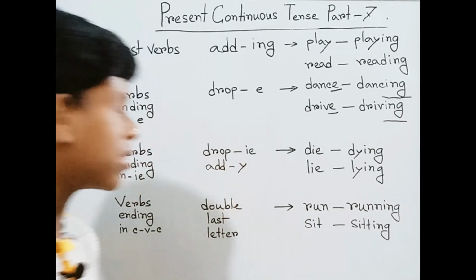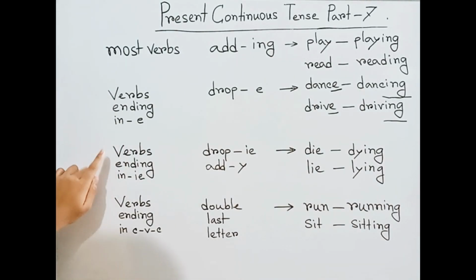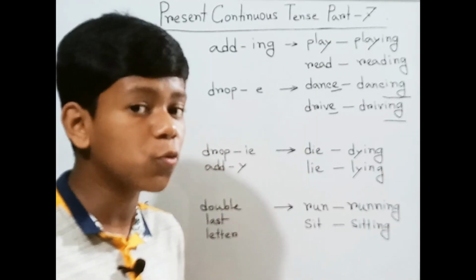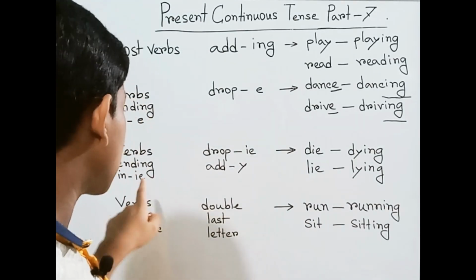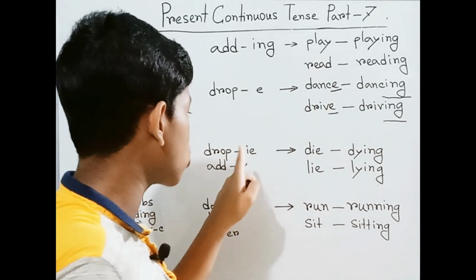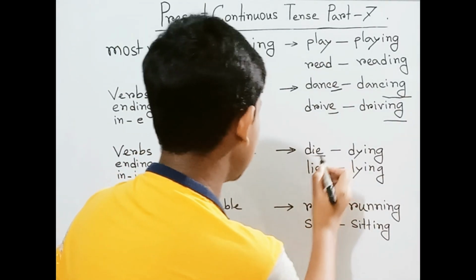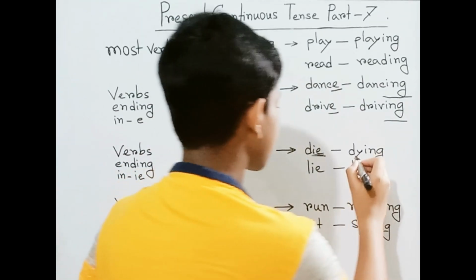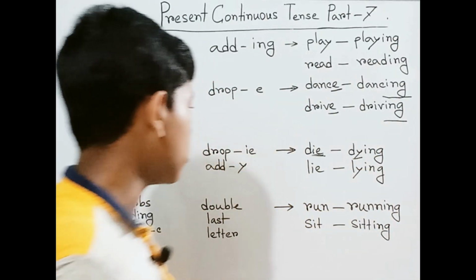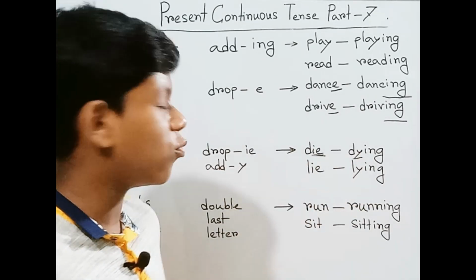Then we can have another rule. Here we are looking at verbs ending in ie. When the verb ends in ie, we just drop the ie and then add the y. Here I have dropped the ie, then I have added the y.